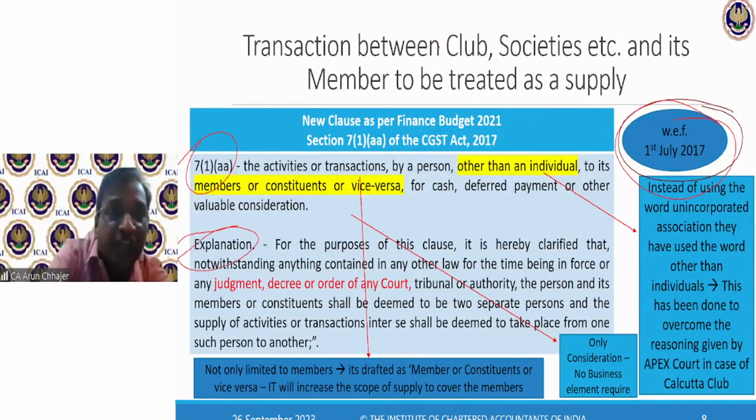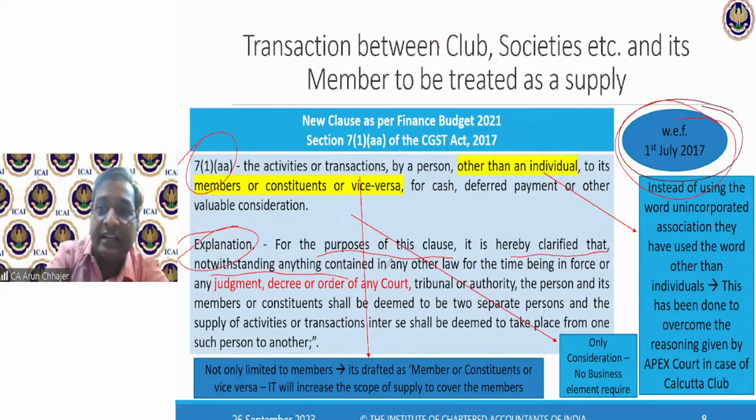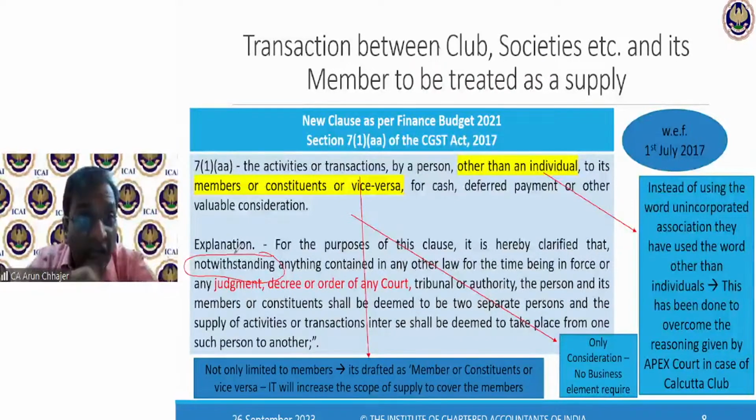And see the explanation. For the purpose of this clause, it is hereby clarified, notwithstanding anything contained. What is the meaning of notwithstanding anything contained? Overriding effect. Overriding to whom?